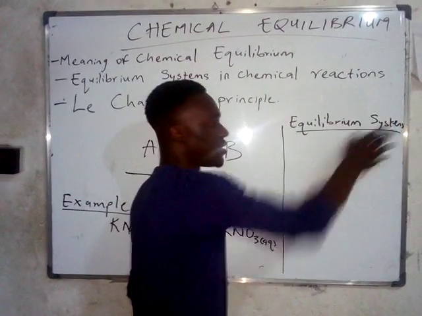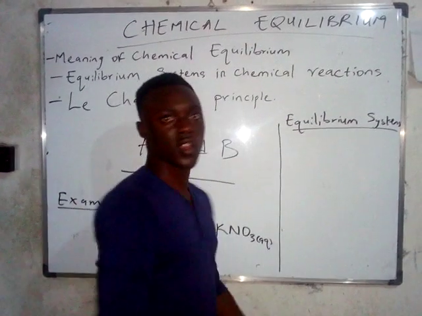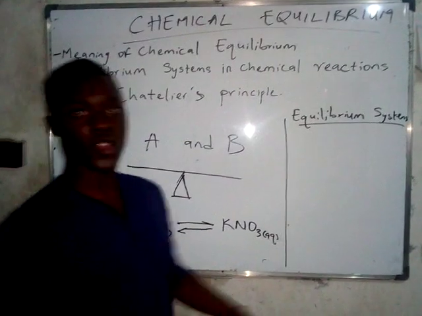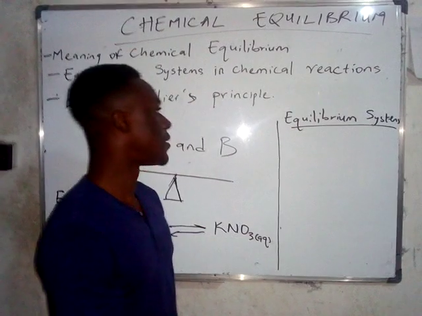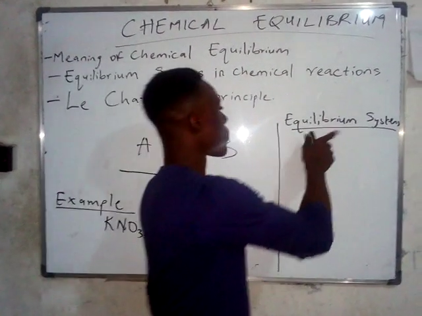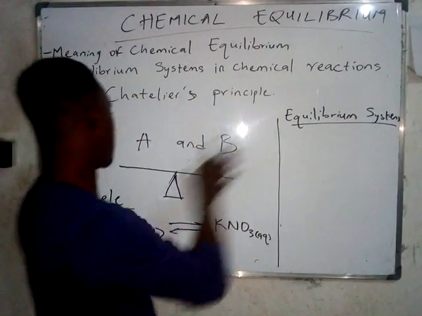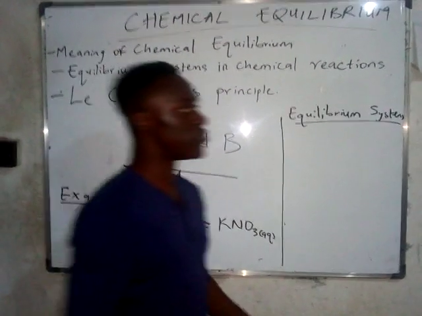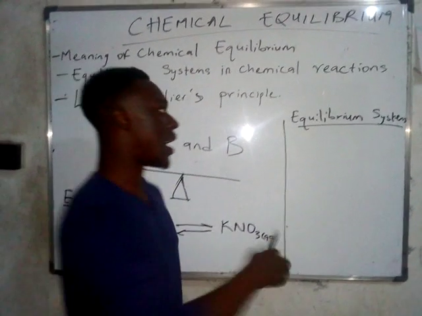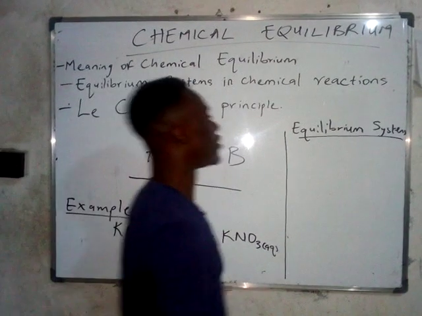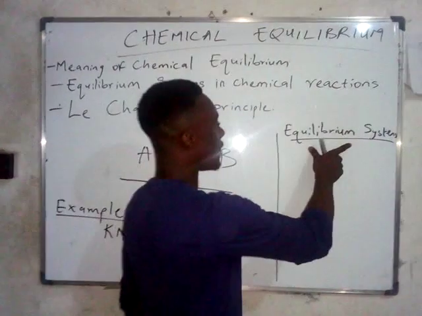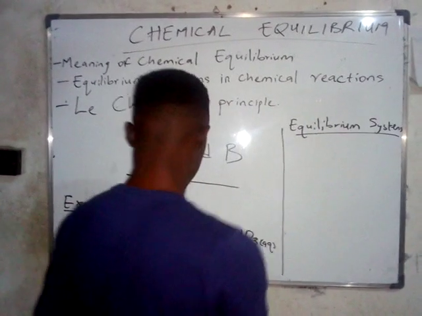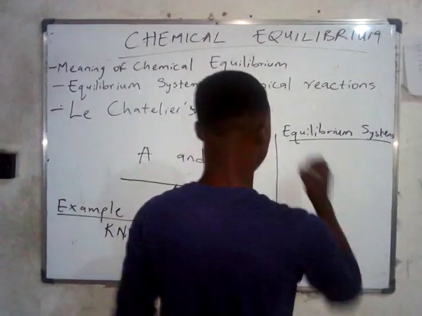When you have the word system, you have a composition of certain constituents working together, that complement one another. Then equilibrium, as we have rightly described, is when two variables of a certain component are not changing with respect to time. So you have equilibrium systems, and we have two equilibrium systems basically.